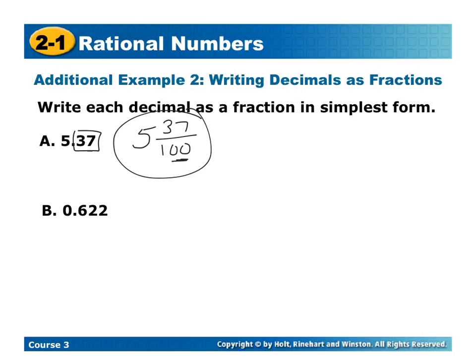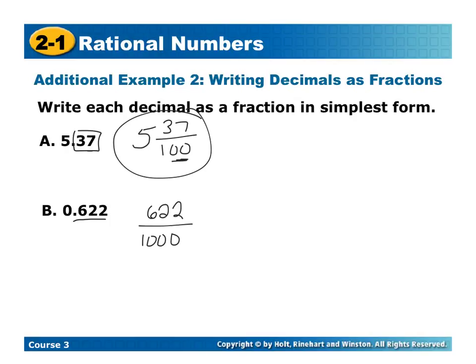So here we have 622 thousandths. So we're going to do 622. There are 3 digits behind the decimal point, so that means we need 3 zeros to make this into 1,000. Since these are both even, we can actually go ahead and simplify this a little bit further, at least by dividing everything by 2.